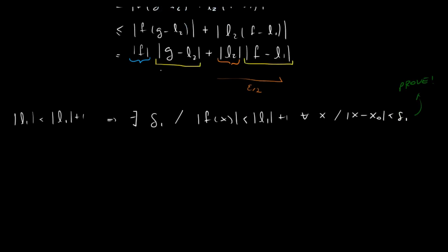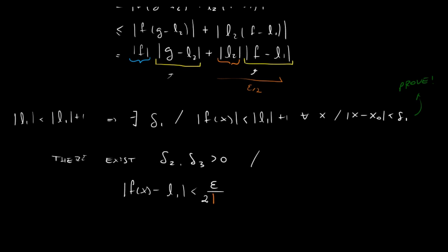Now, as we said before, we can make these two terms small using the definition of a limit. So we know that there exist delta 2 and delta 3 greater than 0 such that, using the definition of limit for f, the absolute value of f of x minus L1 will be smaller than epsilon over 2, and here I'm going to divide by L2 because we have it here, and then we can cancel this one with this one out and we'll just have epsilon over 2.